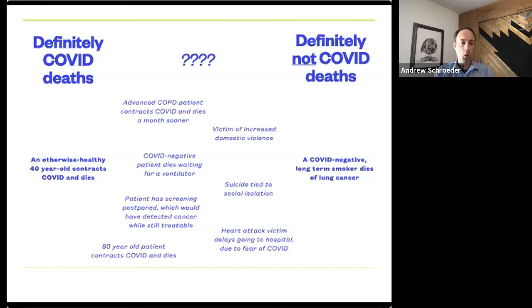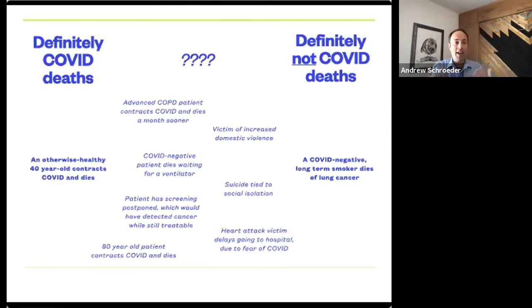They're pretty much only counting the deaths that fall in the definitely COVID deaths category. On the other hand, the people who are arguing for a very high death toll are adopting a much more expansive definition of COVID-caused deaths, and they're counting pretty much everything in that hazy middle ground as a COVID-caused death. Okay? So that's what's going on. That's what explains this disagreement.